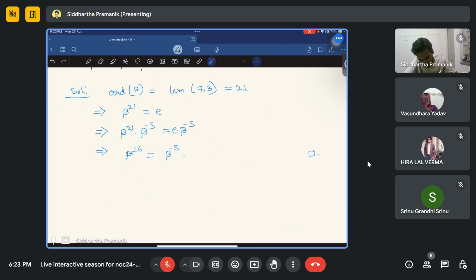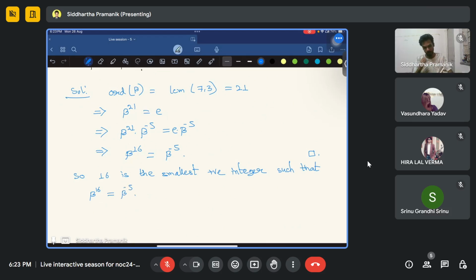And since 21 is the smallest positive integer such that beta power 21 is identity, 16 is the smallest positive integer such that beta power 16 equals beta power minus 5. Okay, I hope you have understood this.